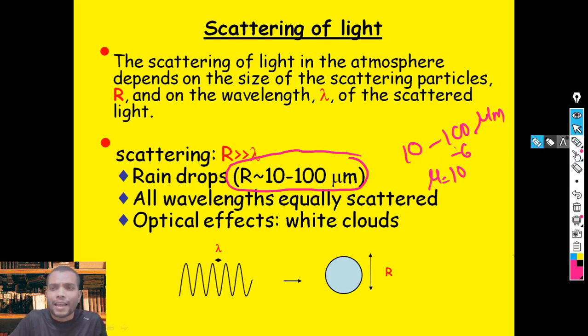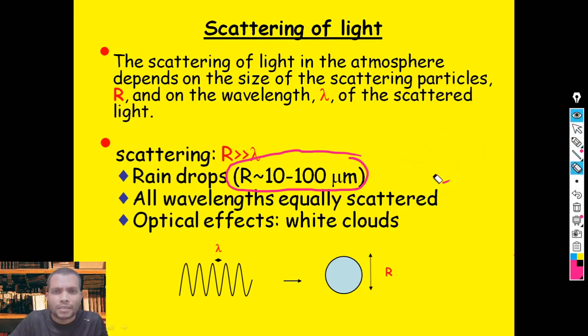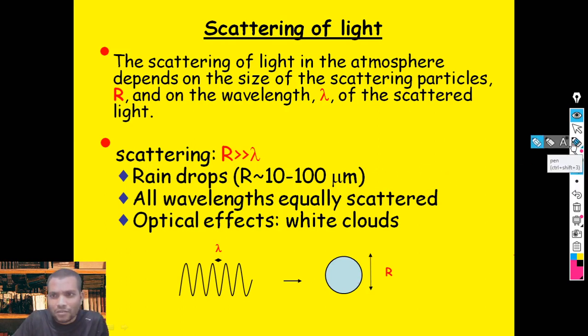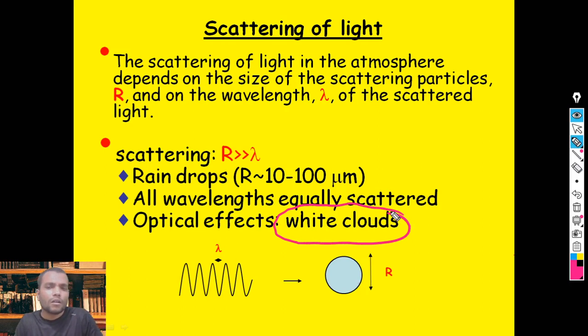If the light interacts with this small particle, the size of a raindrop, because of that we will see the effect that clouds are white. What could be the reason?